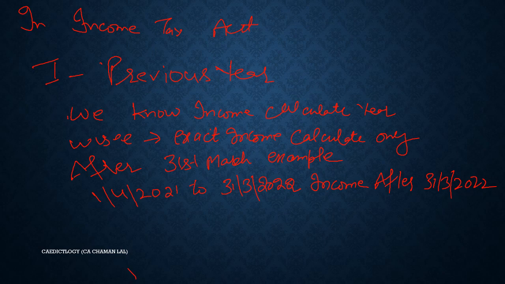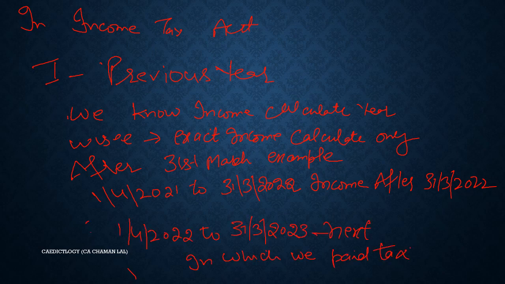We only calculate after 31st March 2022. After 31st March 2022, the next year starts, in which we pay the tax and file the return. This year is called the assessment year, and the income we have declared is of the previous year.